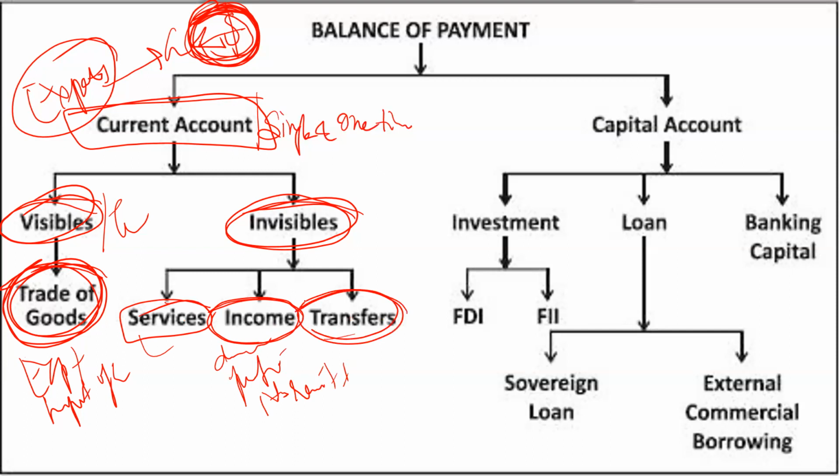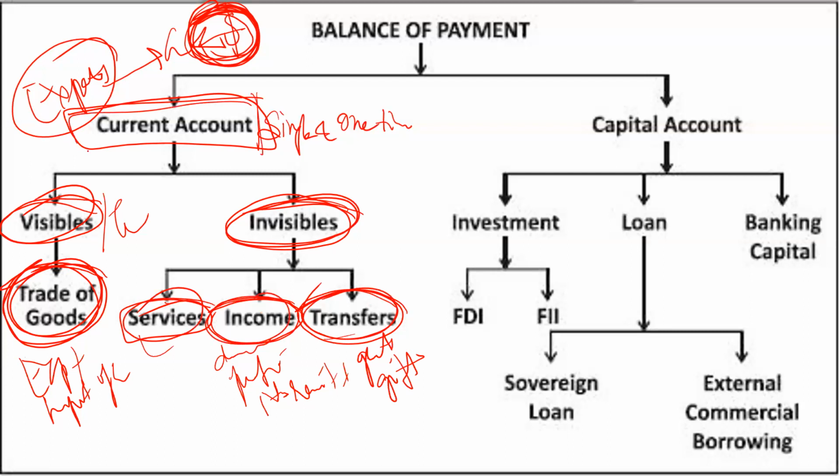And what are these transfers? The transfers are grants or gifts which do not have any quid pro quo. That means once it is received, it need not be paid back. So the invisible consists of services, income and transfers.